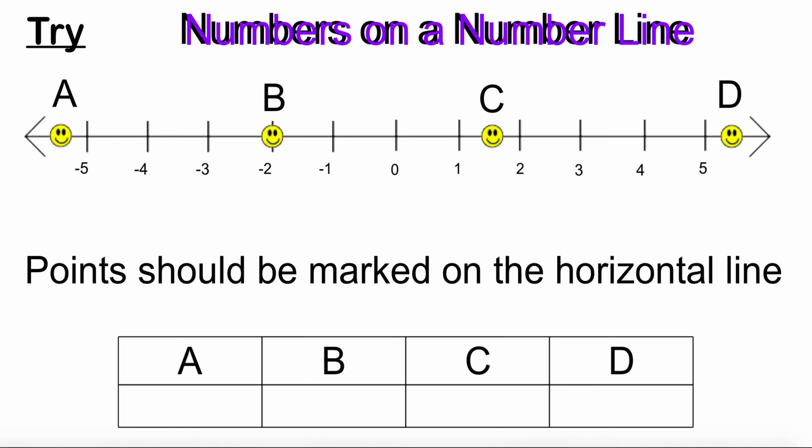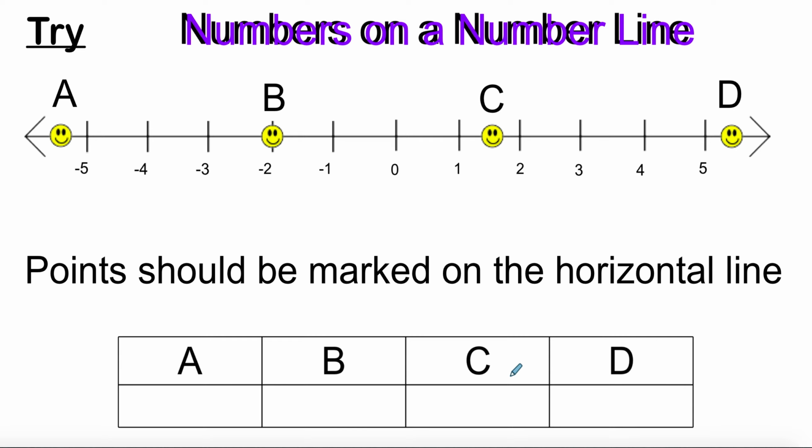Okay, now try this number line. Try it on your own. As you see here, you have A, B, C, and D. Now, points should be marked on the horizontal line. So copy this small table and put it in your notebook.